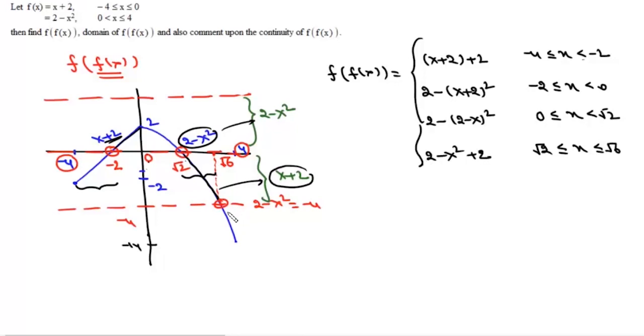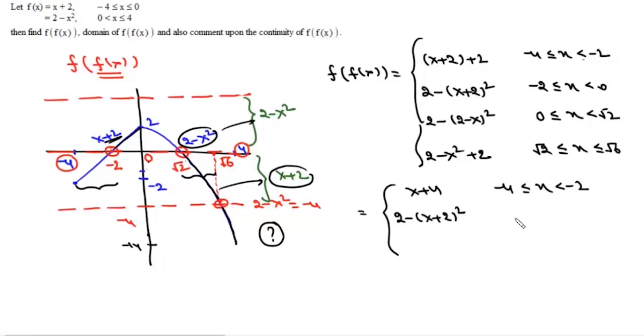Now when x lies between root 6 and 4, we have this definition, which is 2 minus x square, but then the definition of f of x does not exist here. So this is the only definition possible for f of f of x. So we can write this as x plus 4 when x lies between minus 4 and minus 2, and this 2 minus x plus 2 square when x lies between minus 2 and 0.